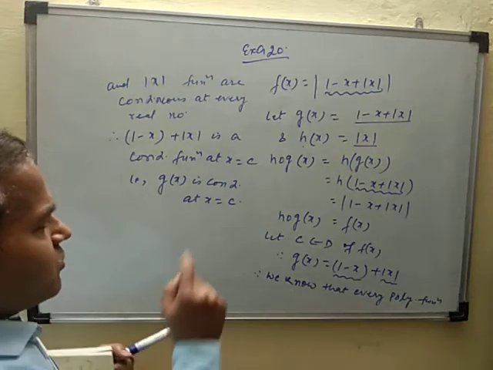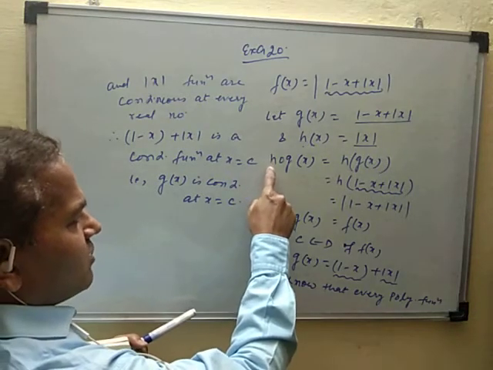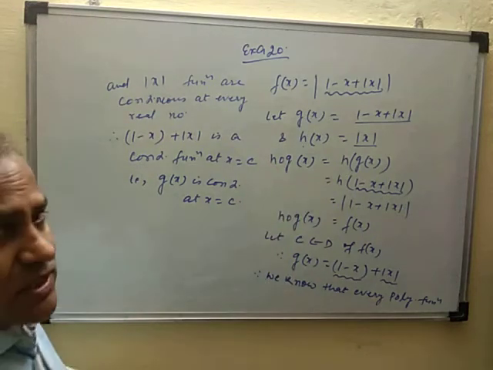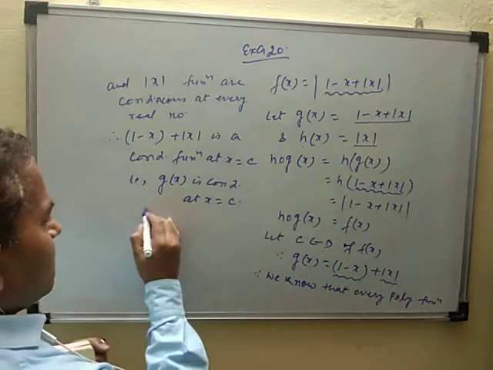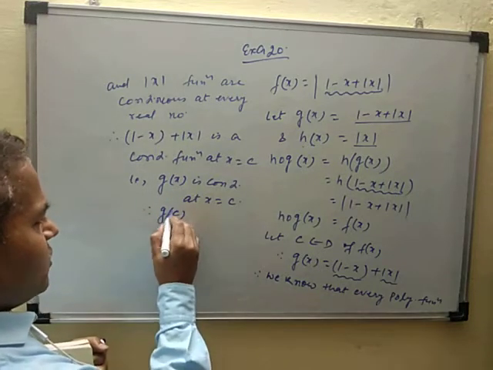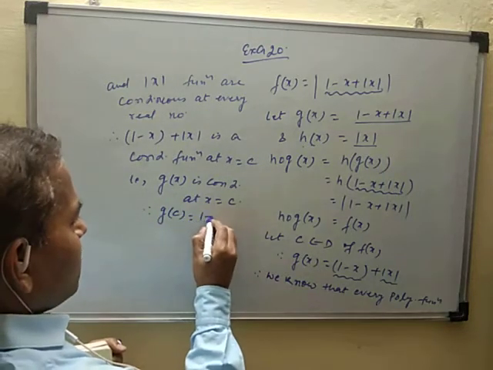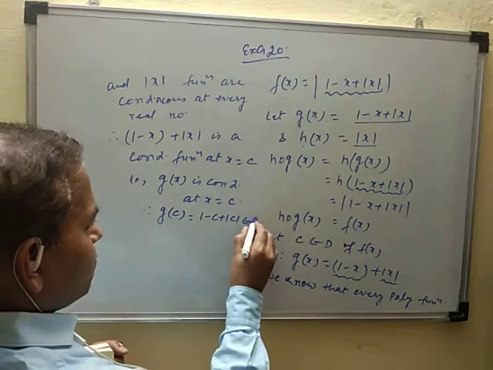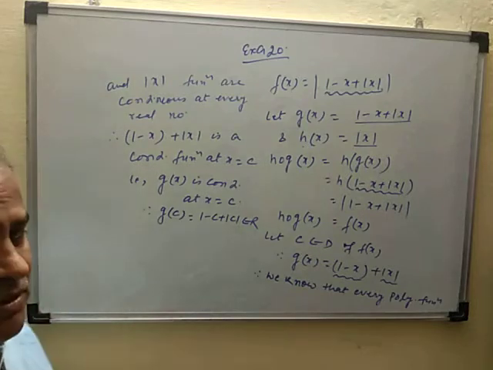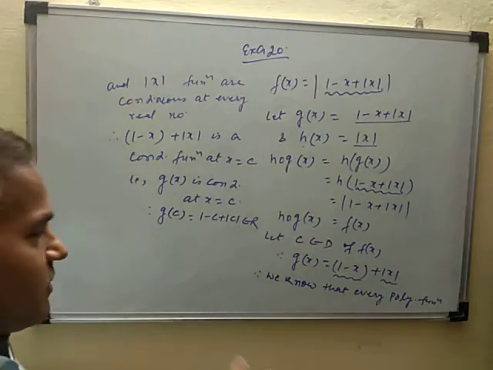Now we show that h of x is continuous at g of c. Since the value of g of c is equal to 1 minus c plus mod of c, which also belongs to R, g of c is a real number.